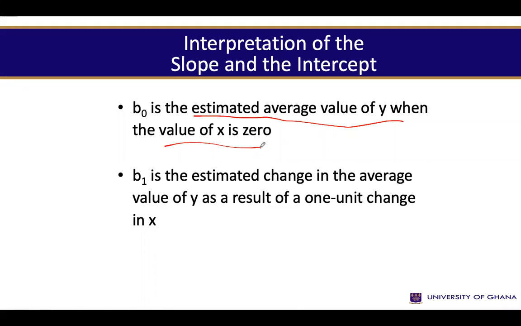But generally, B0 is the estimated average value of y when the value of x is 0. And B1 is the estimated change in the average value as a result of a one unit change in x. So if there's a unit change in the independent variable, what is the corresponding change in the dependent variable? That is measured with B1.